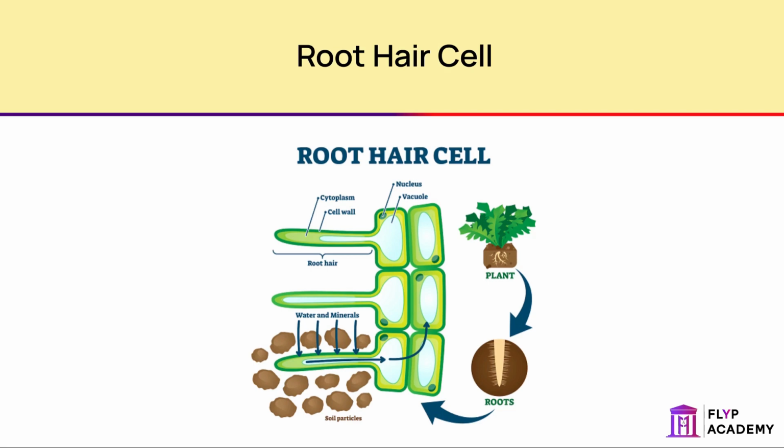The cytoplasm is a concentrated solution, so that water moves in by osmosis due to the difference in water potential. Mineral ions are taken in by diffusion and active transport. For this reason, root hair cells contain mitochondria that carry out respiration and release the energy needed for this.